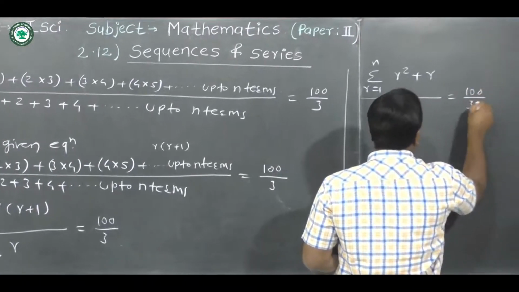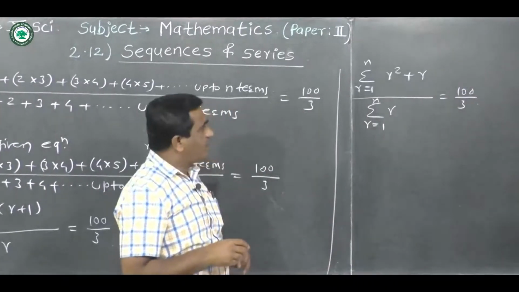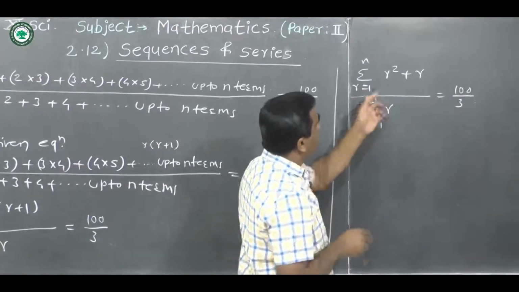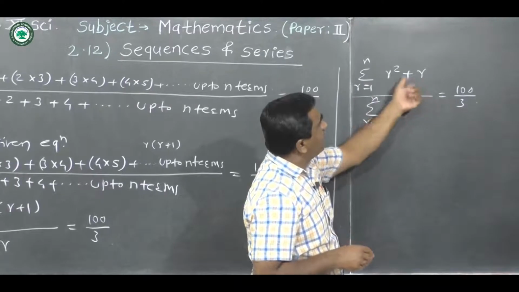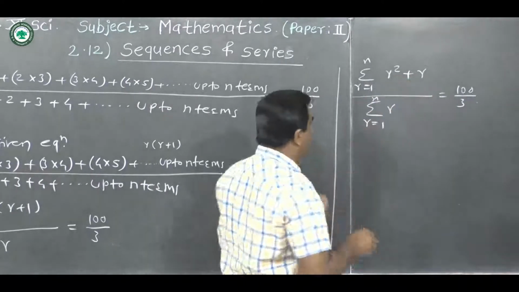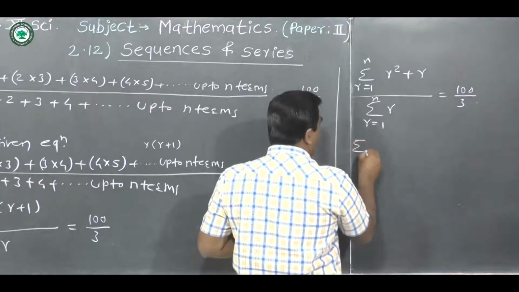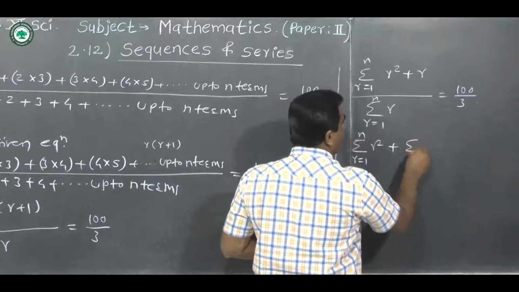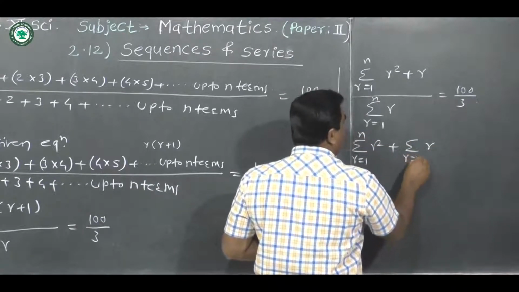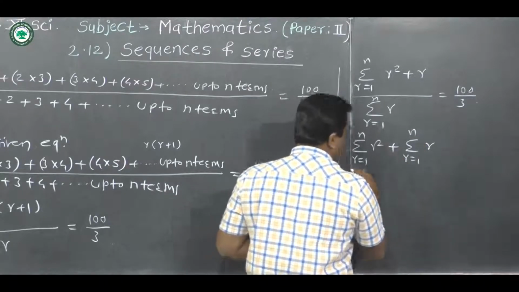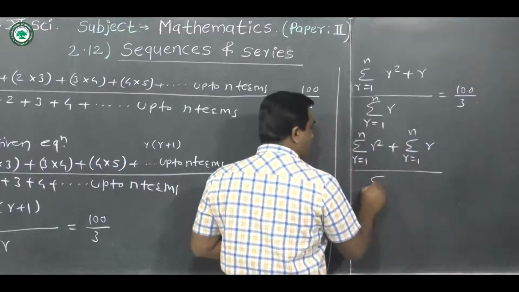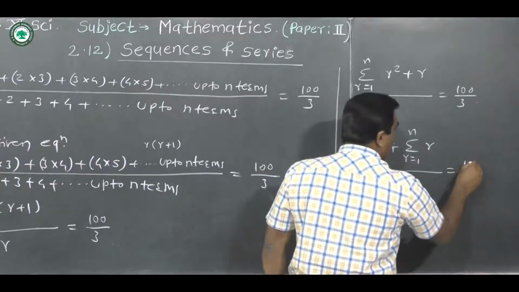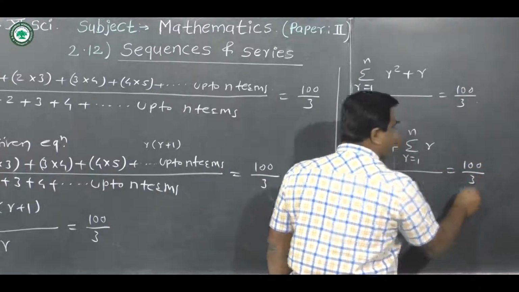This is equal to 100 upon 3. Okay. Now we can use the property here. Take separate summations for these two terms: summation of r square, r goes from 1 to n, plus summation r goes from 1 to n of r, upon summation r goes from 1 to n of r, equal to 100 upon 3.